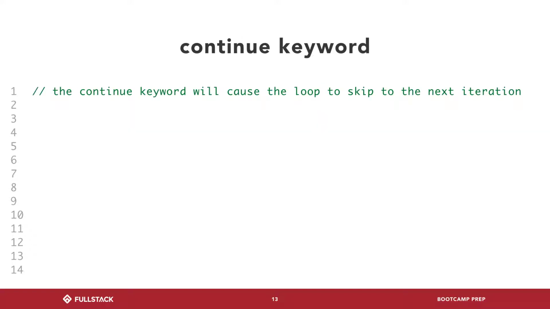Cool. All right, so 2 last things. Continue and break. Continue is basically a way for you to say, hey, I want this loop to keep running, but let's just skip this instance of it, right? So let's say we have a list of people who've paid their tuition, and some people who haven't.